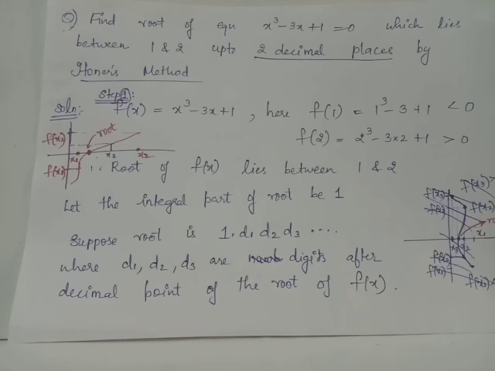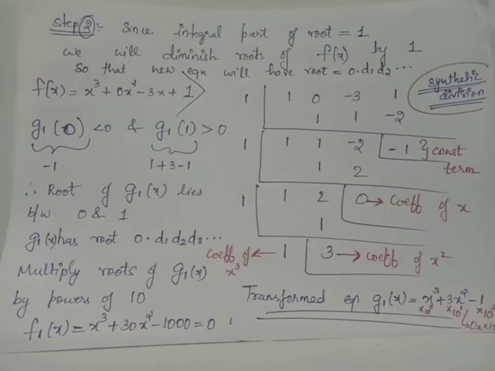The lower bound of the interval is 1, and this lower bound will be considered as the integral part of the root of f of x. The root of f of x will be of the format 1 point d1, d2, d3, etc., where d1, d2, d3, etc. are the digits which occur after the decimal point. By identifying the integral part of the root, we have completed the first step of Horner's method.